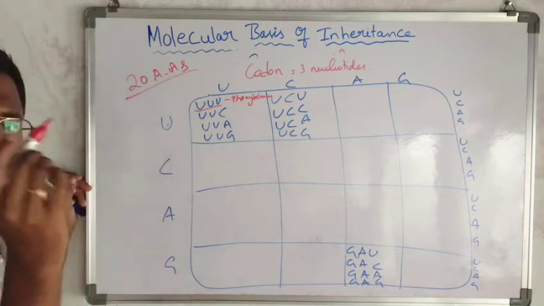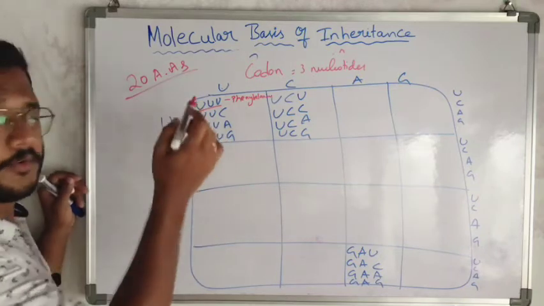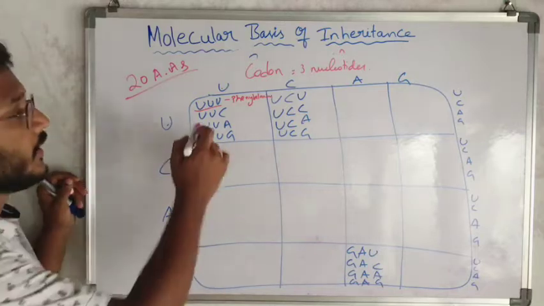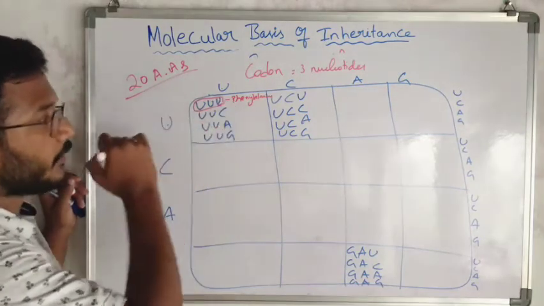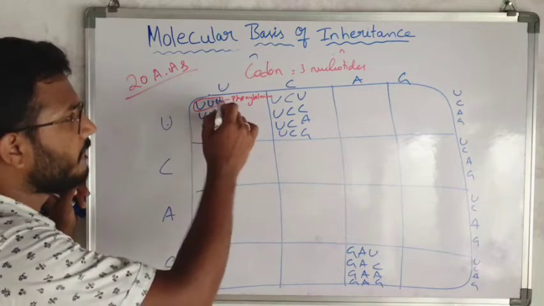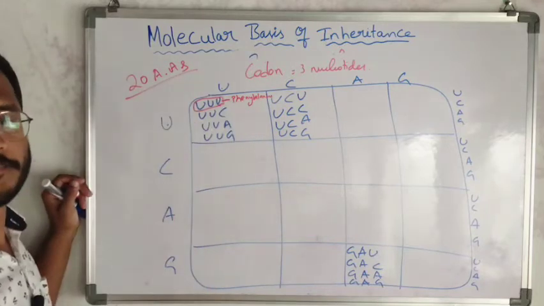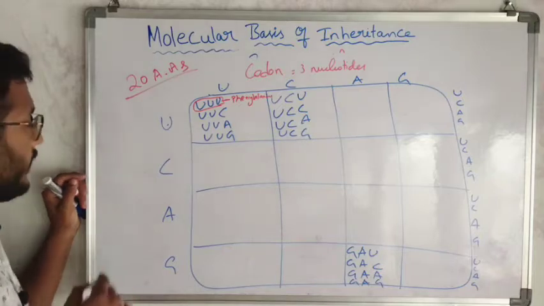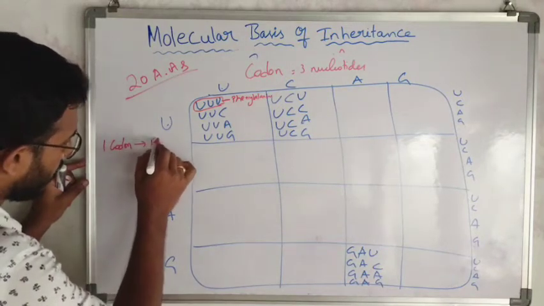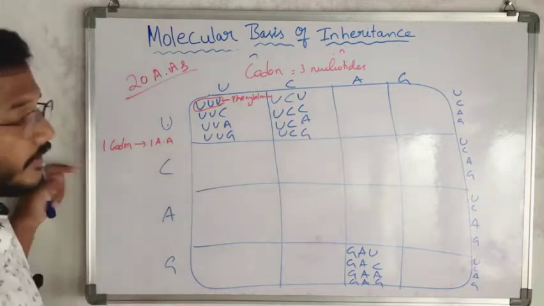And U cannot code for alanine, and U cannot code for valine. So this is the specificity. One triplet codon will be responsible for the formation of only one type of amino acid.